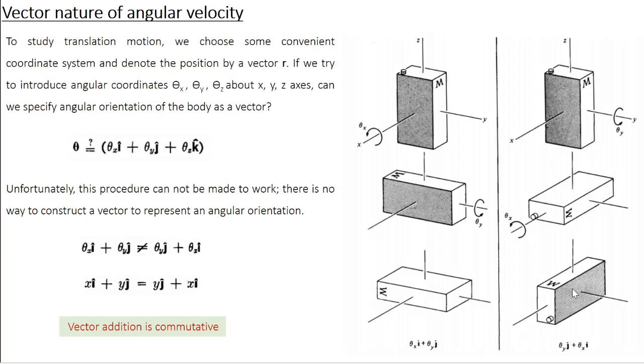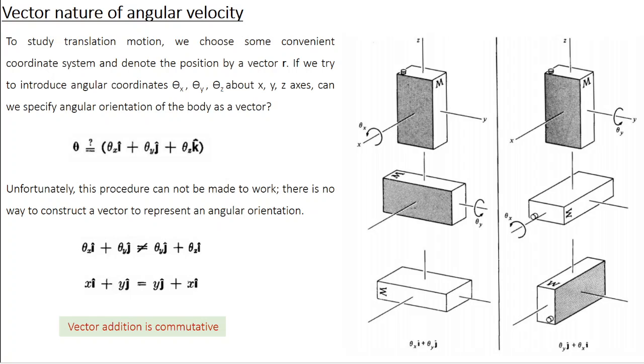You get this particular orientation. So clearly you can see that these two orientations are completely different. Or in terms of vector notation, theta x i cap plus theta y j cap is not the same as theta y j cap plus theta x i cap.